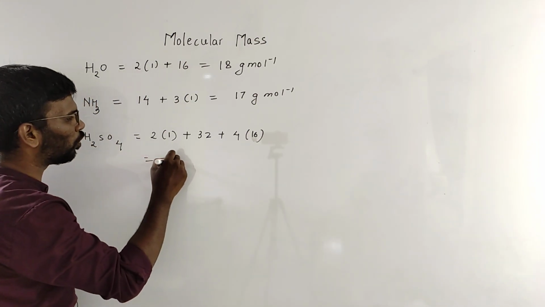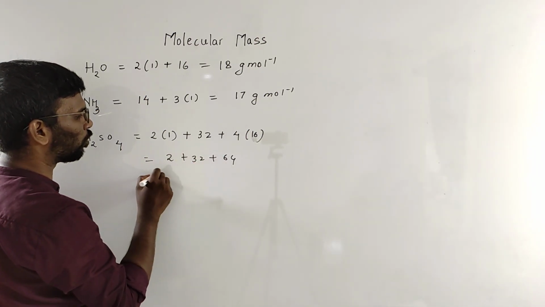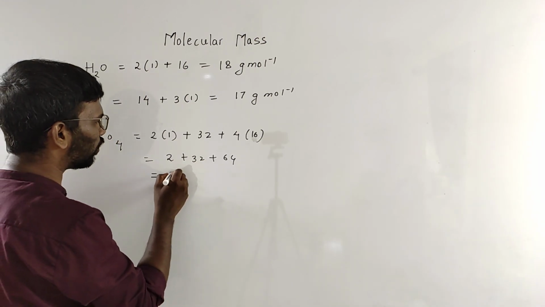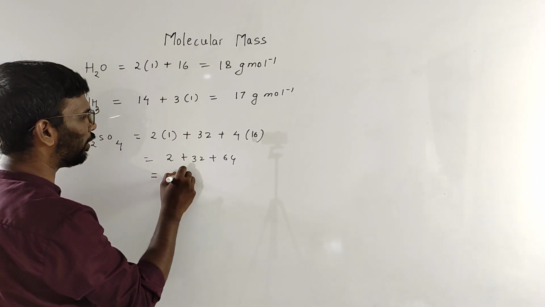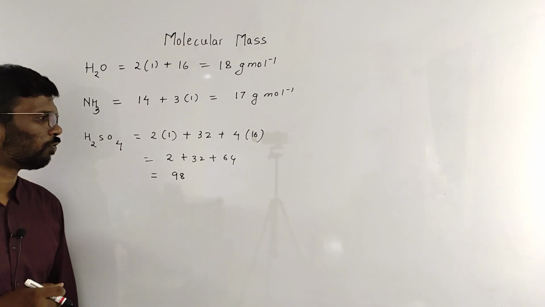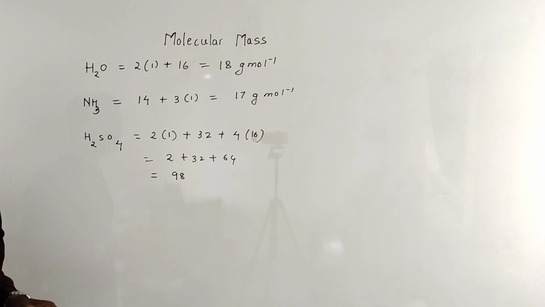This comes to 2 plus 32 plus 64, so 64 plus 34, right? So it will be 98. This is the molar mass of sulfuric acid, right? So this is how we calculate a molar mass.